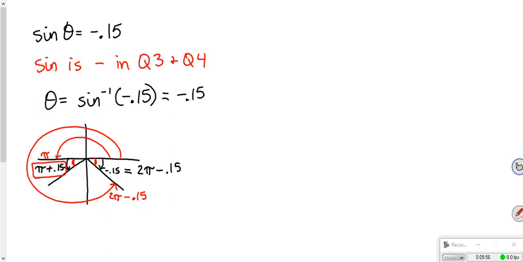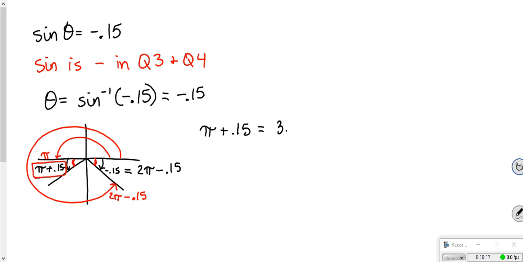So that being said, pi plus 0.15, if you poke that in the calculator, I would use the pi button so there's no rounding issues, but actually 3.14, since we rounded to 2 places, would work on this one.